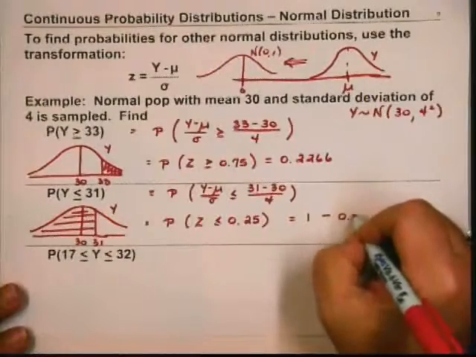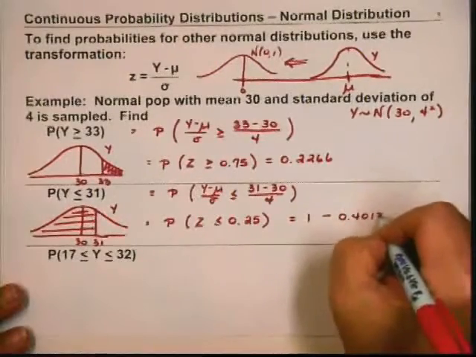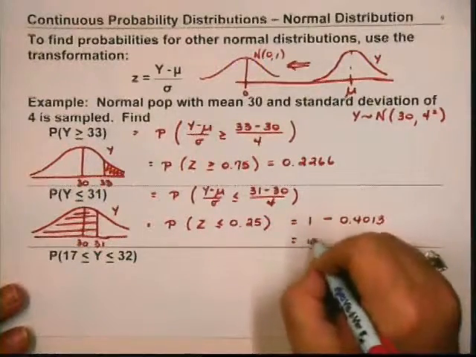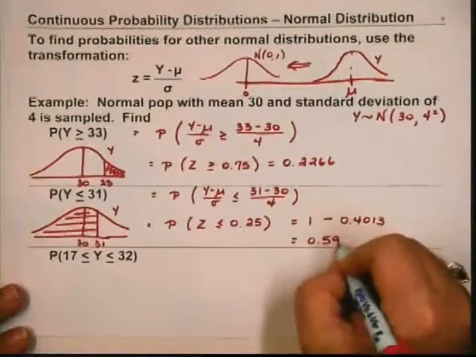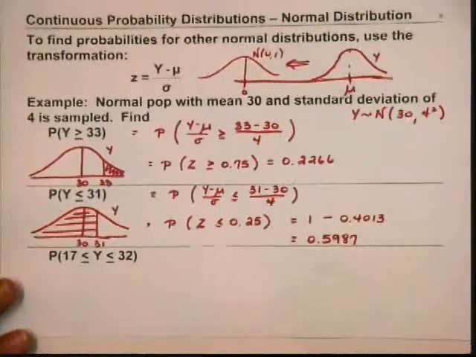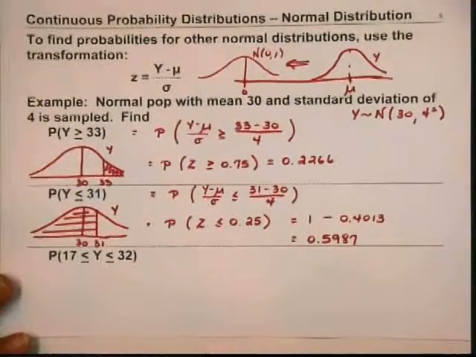Subtract that from 1. And so we end up with a probability of 0.5987. Agreed? Common sense check. We knew it had to be bigger than 0.5, right?